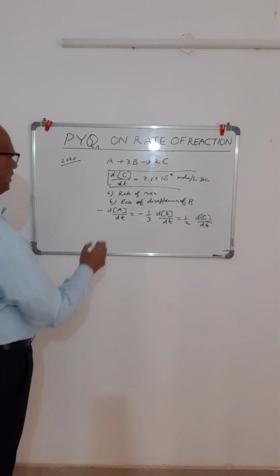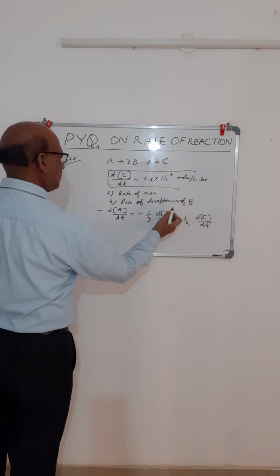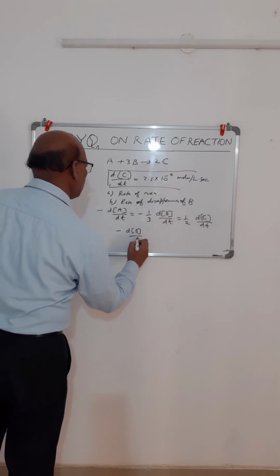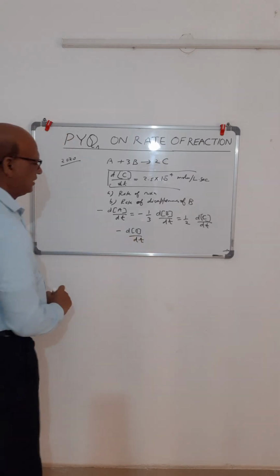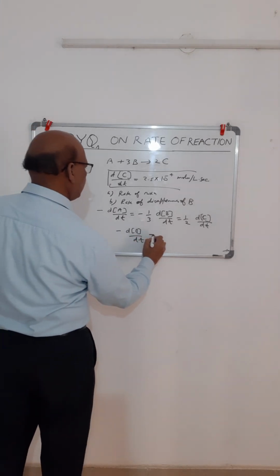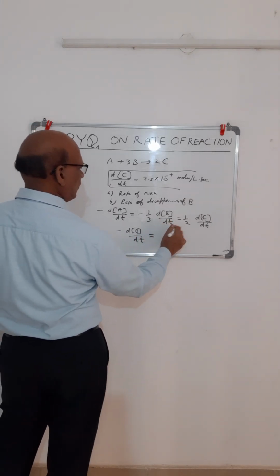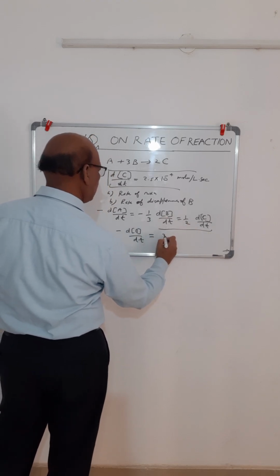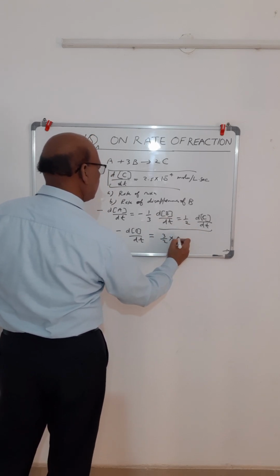Okay, now we have to find out rate of disappearance of B, that is minus dB upon dt. This we have to find out, that is the rate of disappearance of B, and this will be nothing but, from these two we can say minus dB by dt is nothing but 3 by 2 into dC by dt.